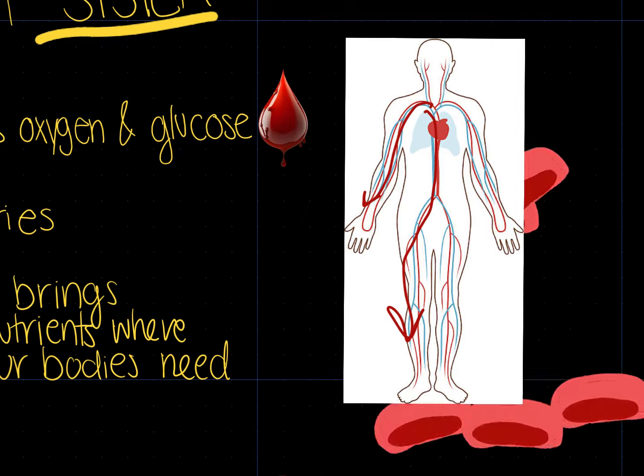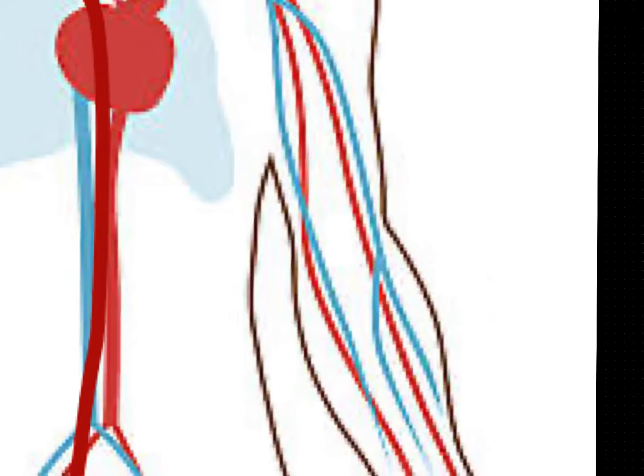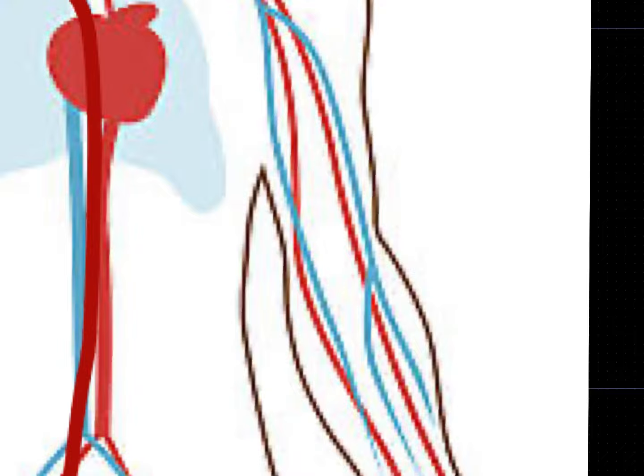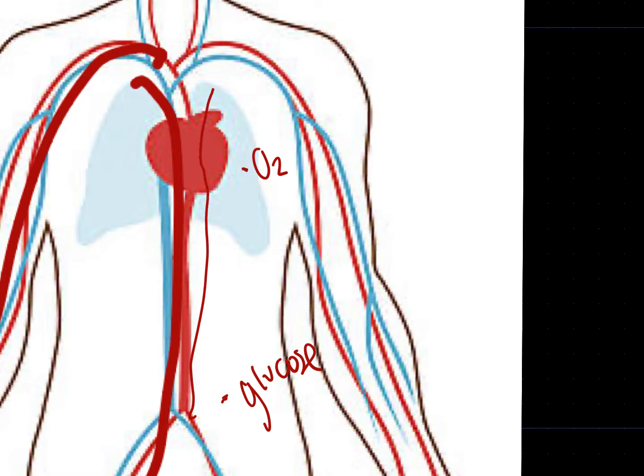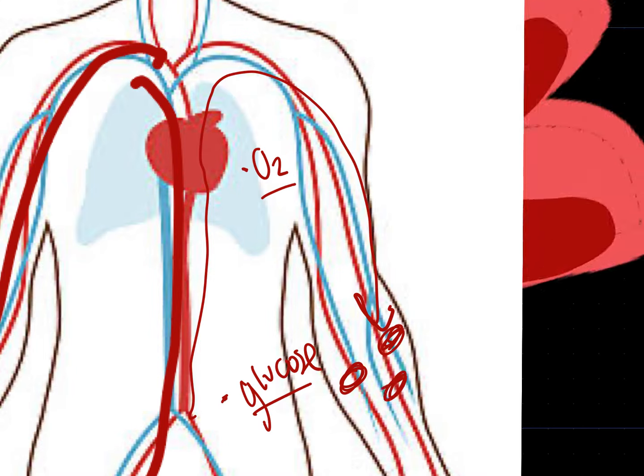So let's say that you have muscles over here that need to do cellular respiration, so they need their glucose and oxygen. Your lungs and your intestines are going to absorb that oxygen and that glucose, and they're going to use this highway system to transport those two into the cells over here that need them.